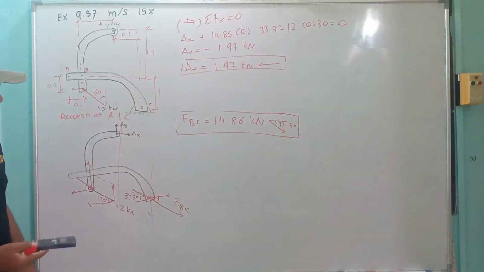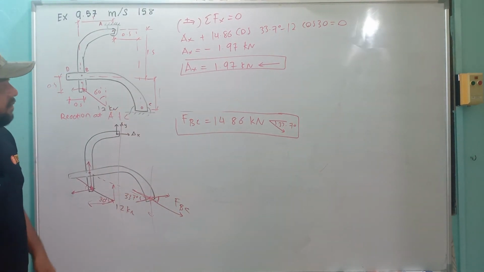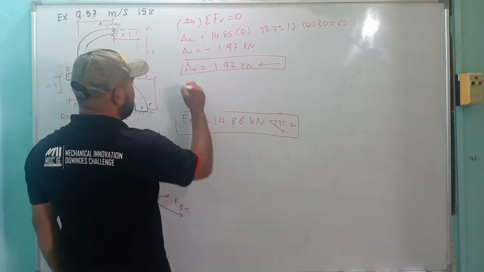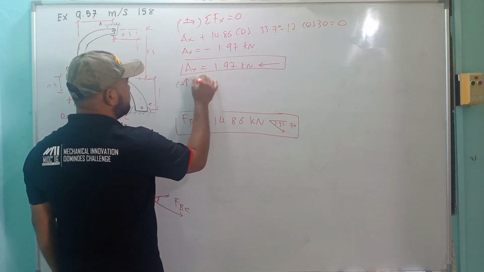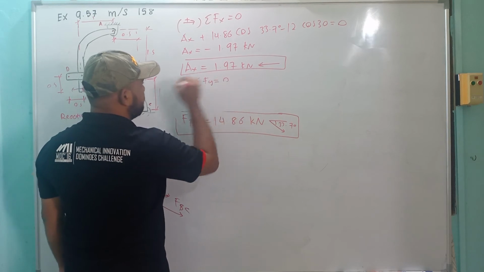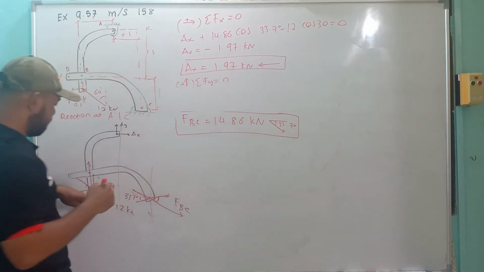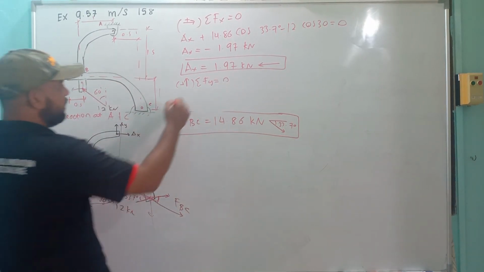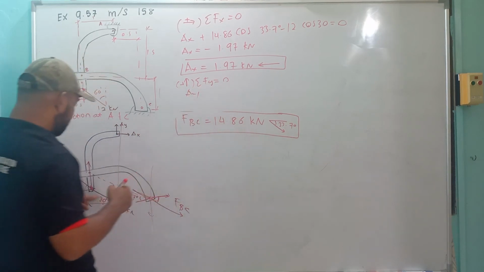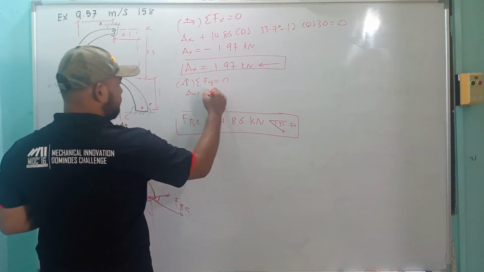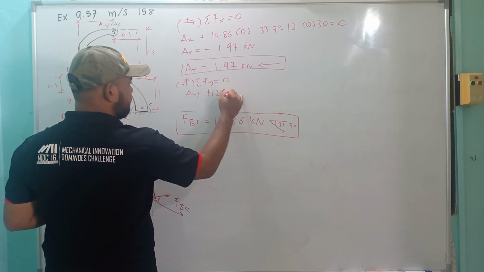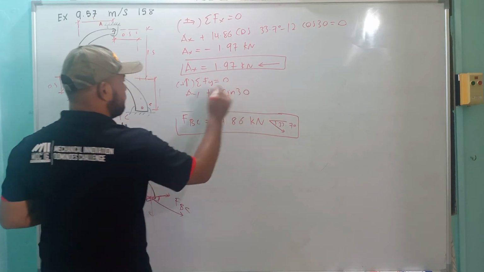Okay. Continue by sigma Fy, upward positive, sigma Fy equal to 0. So you have the first one, this one Ay plus 12 sine 30.